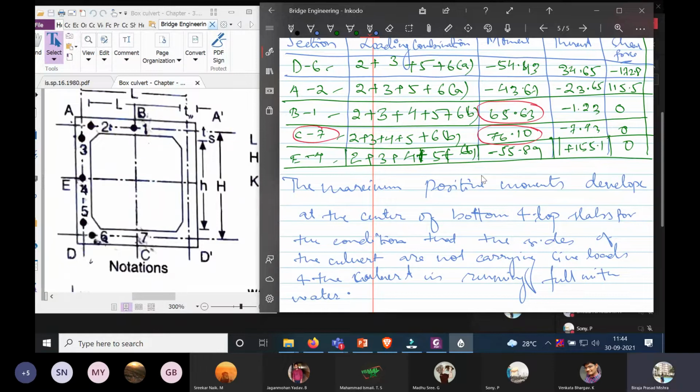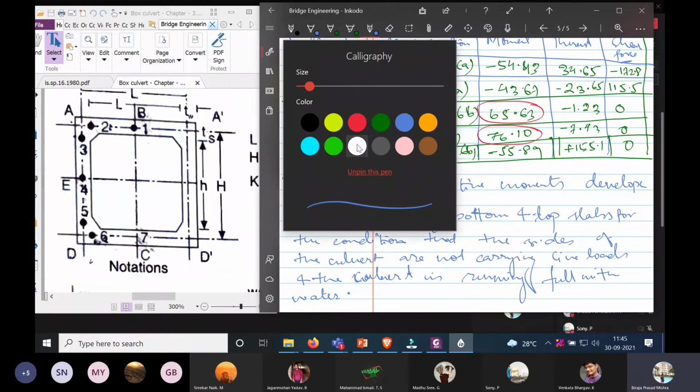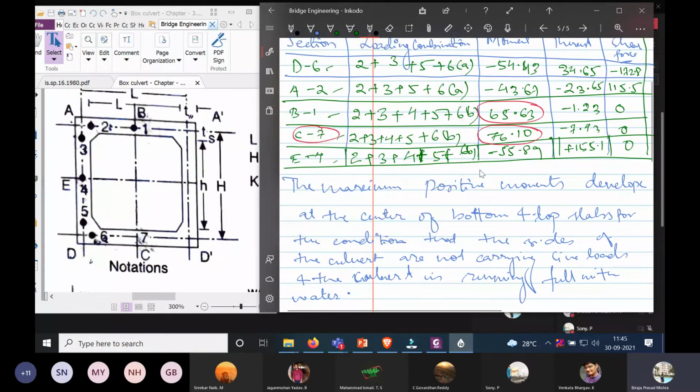Okay, now we talked about the positive moments. Now let's talk about the maximum negative moments. Let me take the black ink. Okay, so now see the maximum negative moment. The maximum negative moment is at E4.